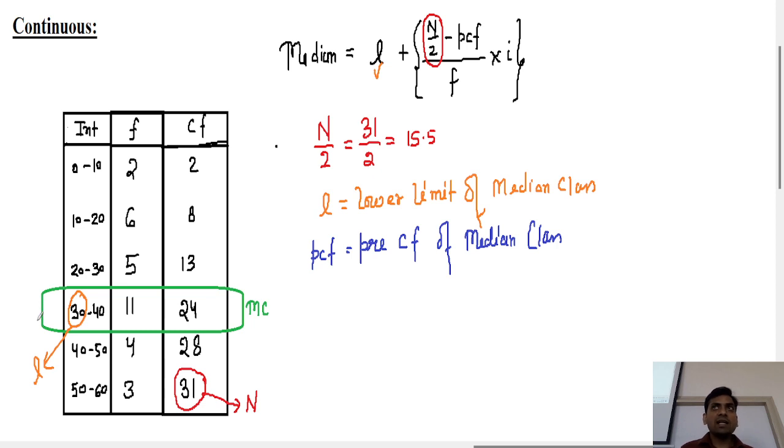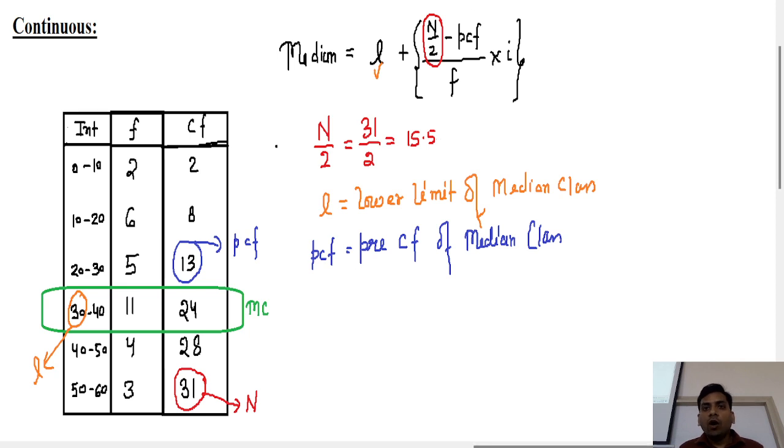So this is your median class. For this median class, this is the previous frequency. This previous frequency is 13. Clear? So this 13 is considered as PCF.